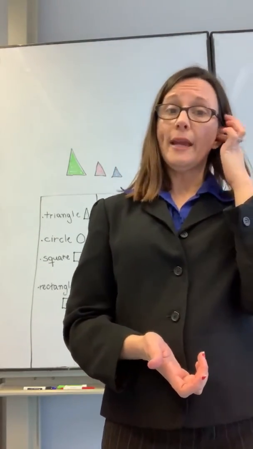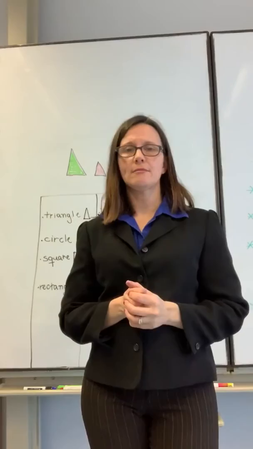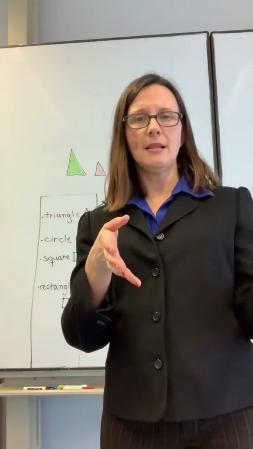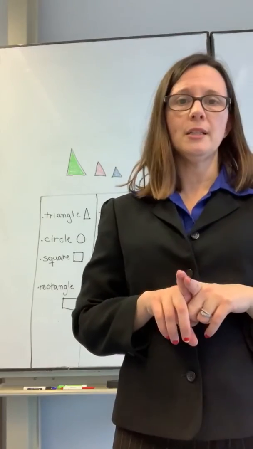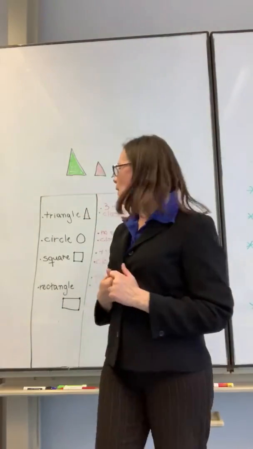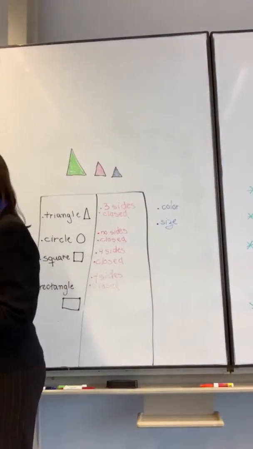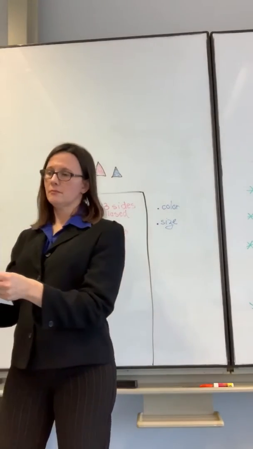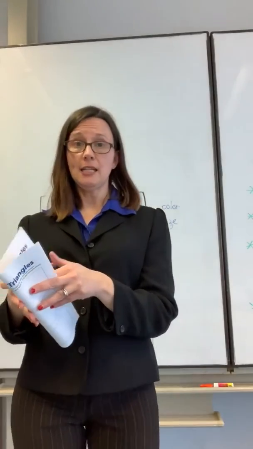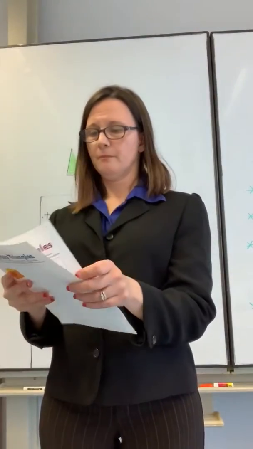After that, you would do a guided practice. I would have students sitting back at their desks and they would work with their elbow partner. And I would have passed them the everyday circle worksheet.